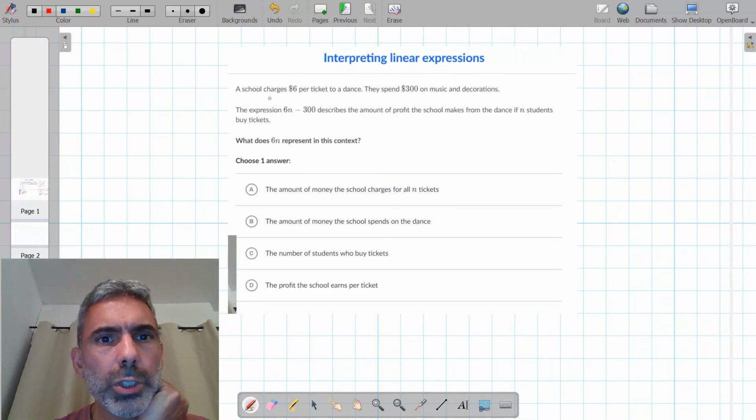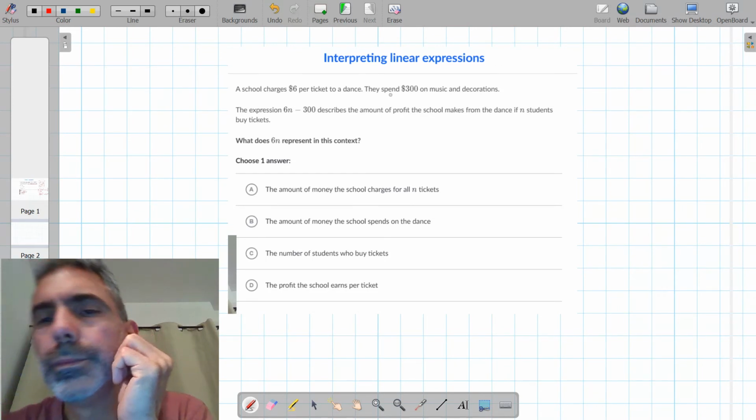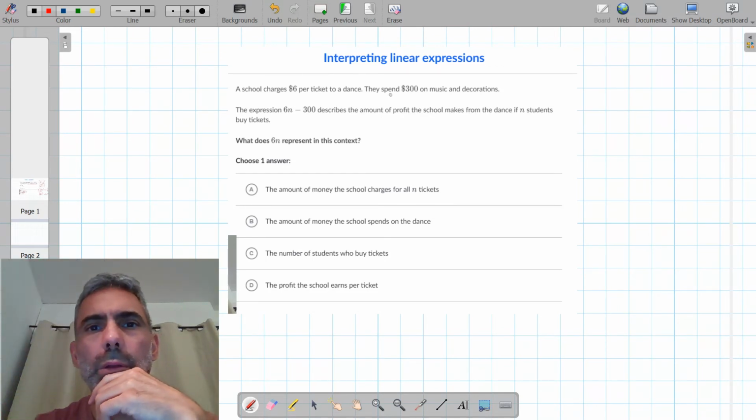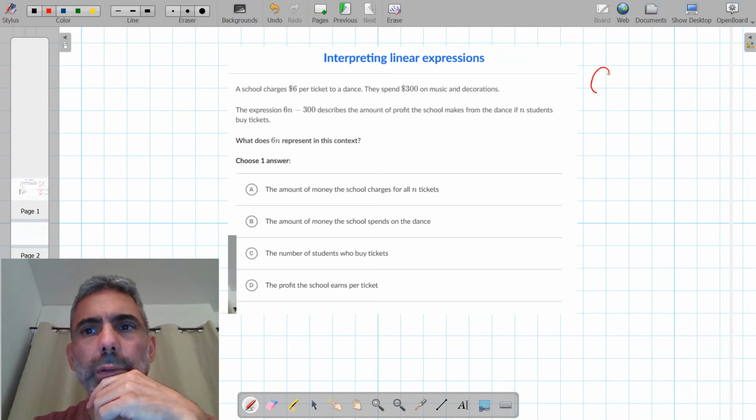A school charges $6 per ticket to a dance. They spend $300 on music and decorations. Okay, so the cost of the dance is $300.